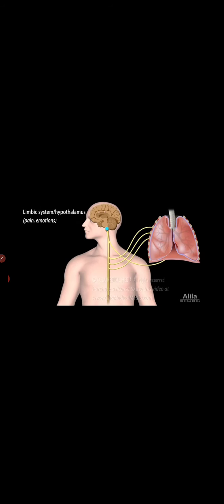The limbic system and hypothalamus also send information to the respiratory center and allow pain and emotional state to affect breathing. So, for example, in case of a panic attack, the respiration rate can increase very much, although there is no need for it.